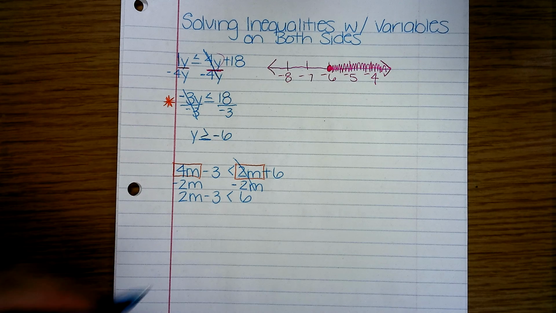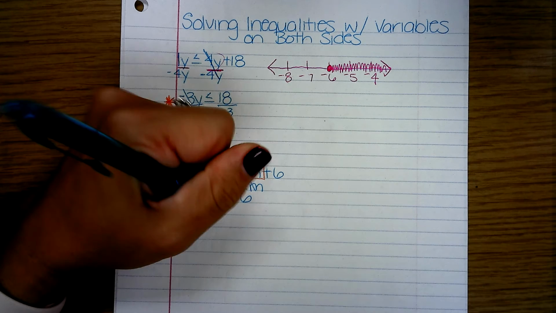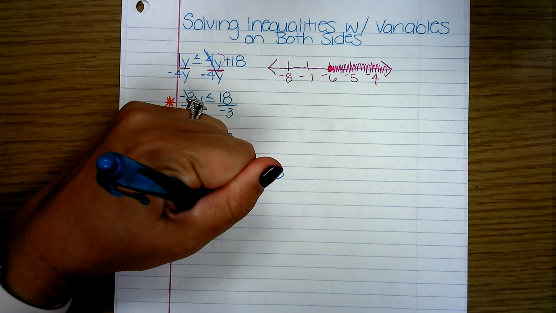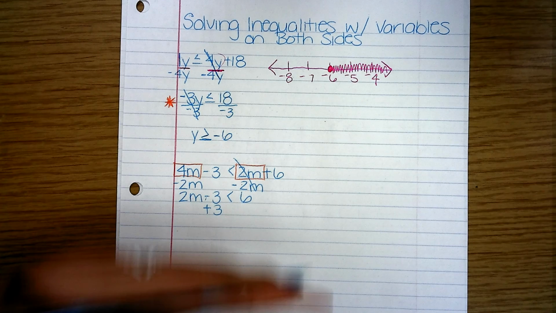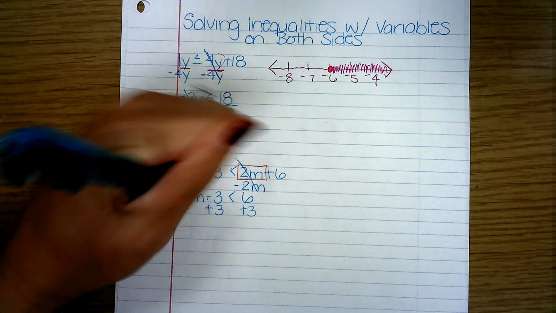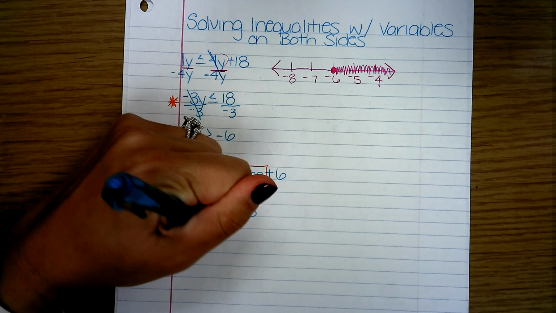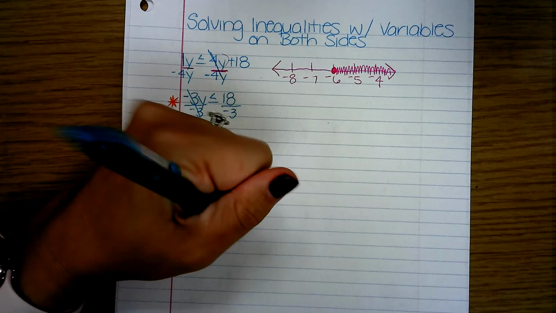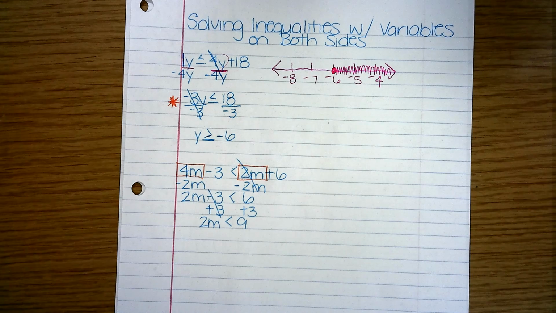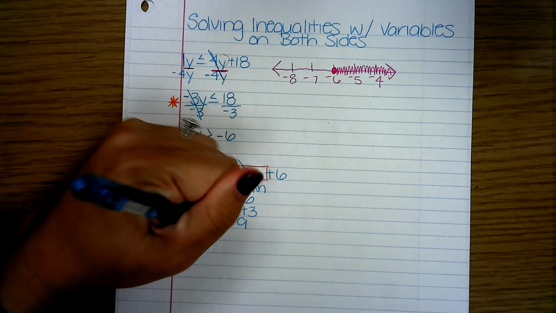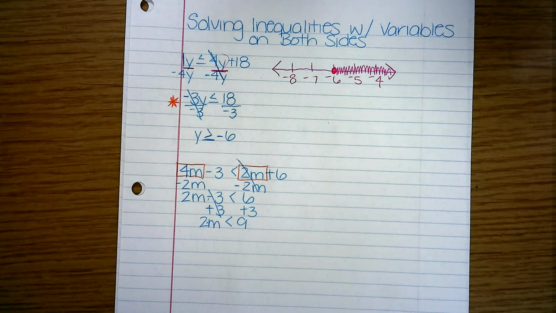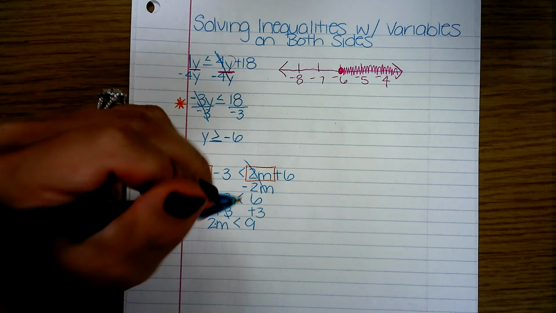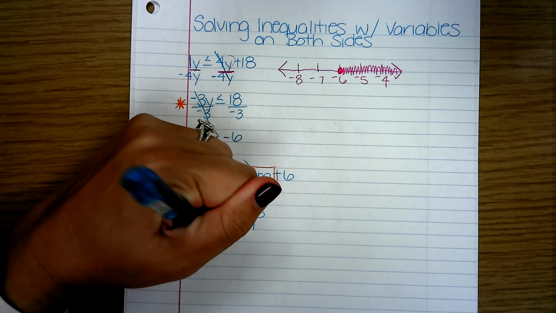So now it's a two-step inequality. I see subtraction, so to move that 3 to the other side, I'm going to add 3. I'm left with 2m is less than, and 6 plus 3 is 9. Last step, that's 2 times m. To undo the multiplication, I'm going to divide.